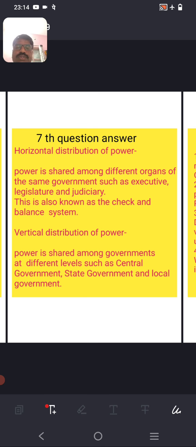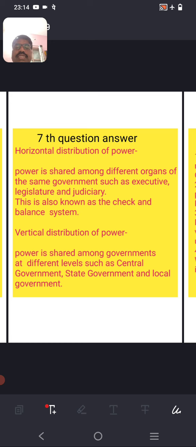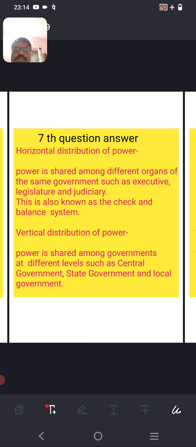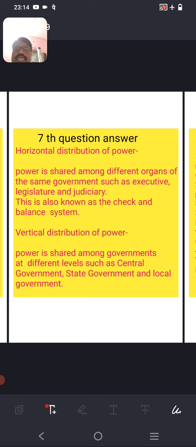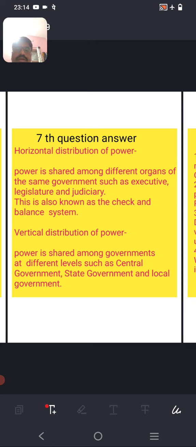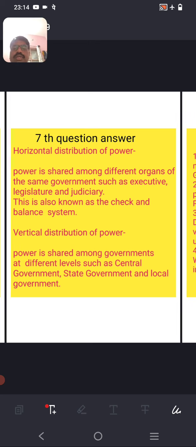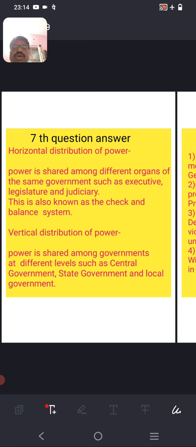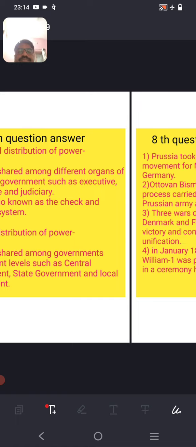This is also known as the check and balance system. Vertical distribution of power. If the power is shared among governments at different levels, such as central government, state government, and local government, then it is called vertical distribution of power.